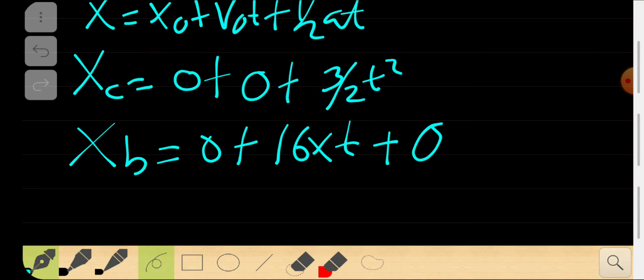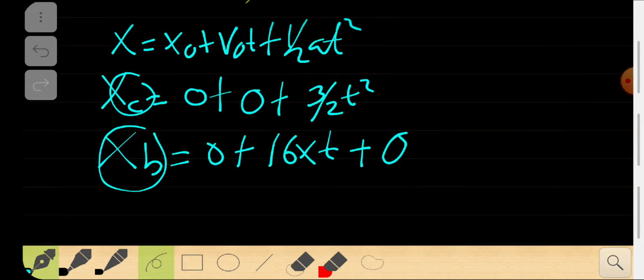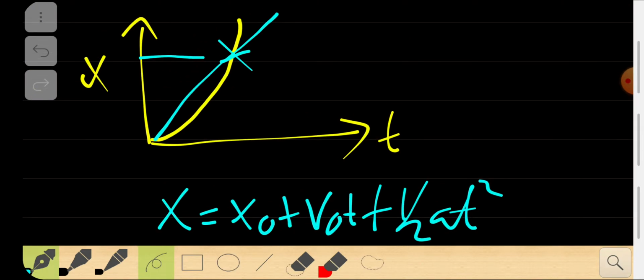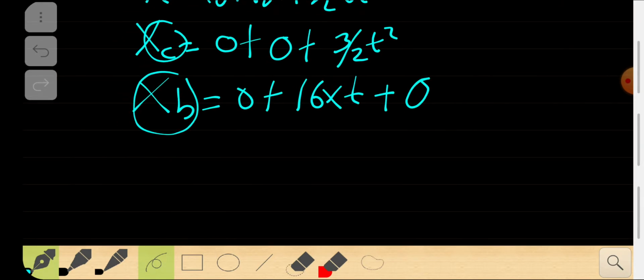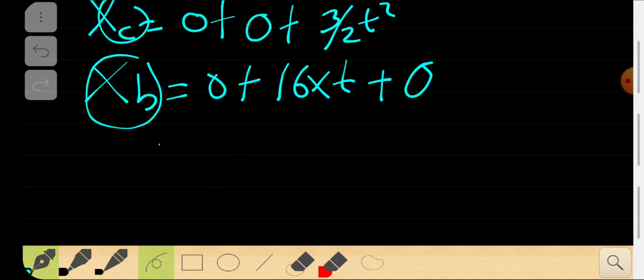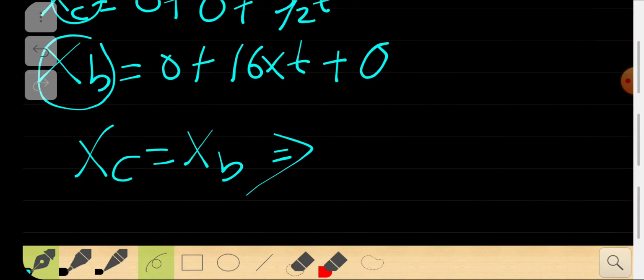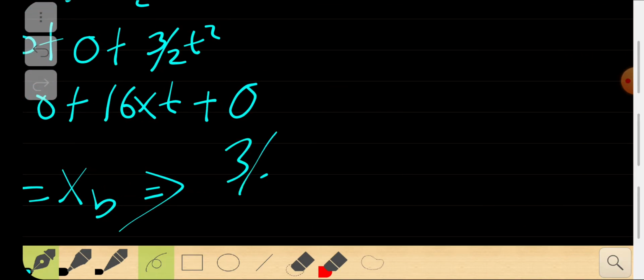So you can see in the graph that when xc equals xb, that is when the car is going to overtake the bus. So you can equate them: 3 by 2 t squared will be equal to 16t.